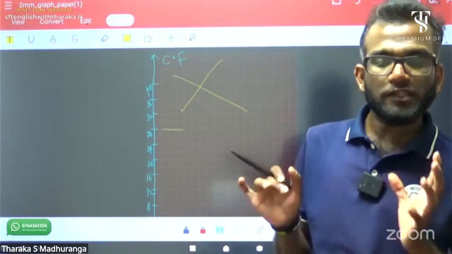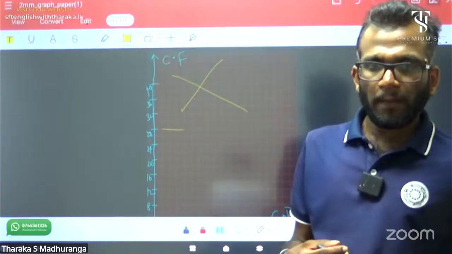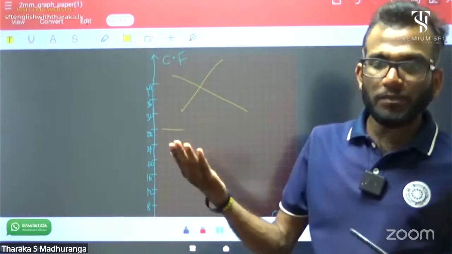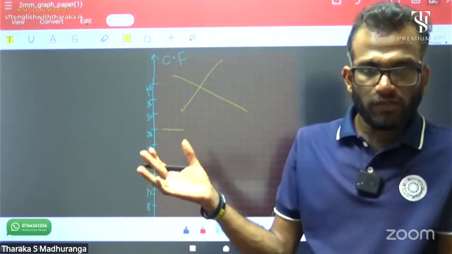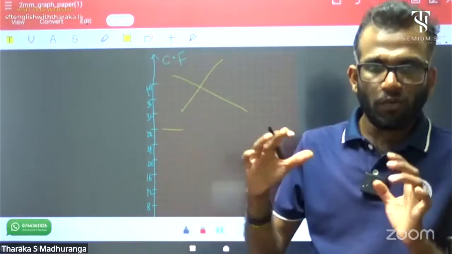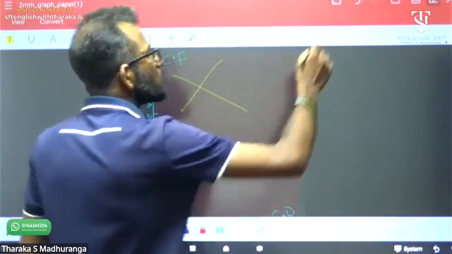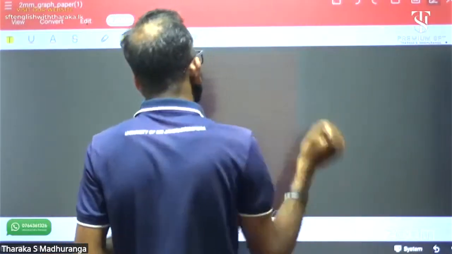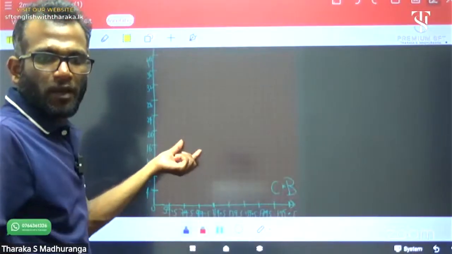You have to manage space to represent the entire graph paper as much as possible. You don't need to use all boxes, but you have to represent the entire graph paper. You can't draw your graph on only one side of the graph paper. That's why I got 4 by 4. Understand?